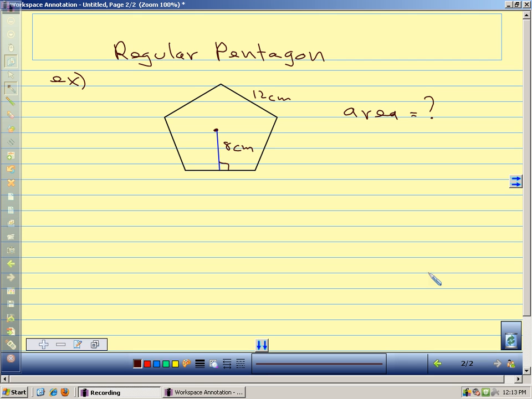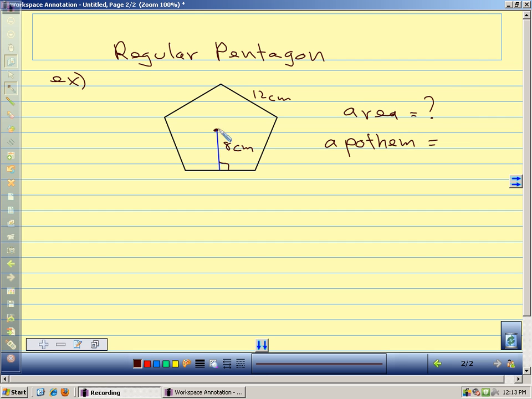So what two pieces of information do we need to find our area? The apothem and the perimeter. So the apothem equals what? 8, 4, 16.